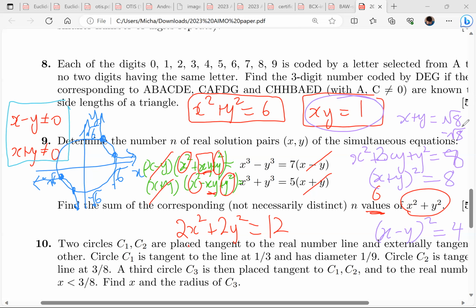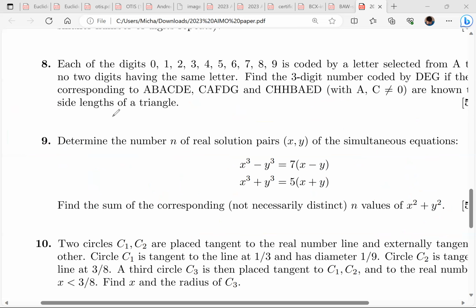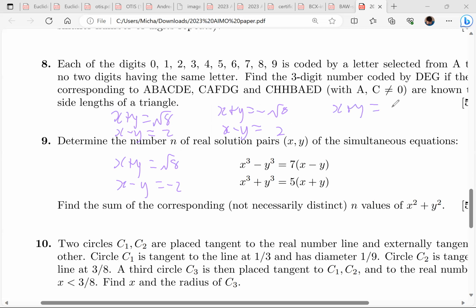So if you look at the 4 cases, one is x plus y equals root 8, x minus y equals 2. Then you have x plus y equals root 8, x minus y equals minus 2; x plus y equals minus root 8, x minus y equals 2; and x plus y equals minus root 8, and x minus y equals minus 2.